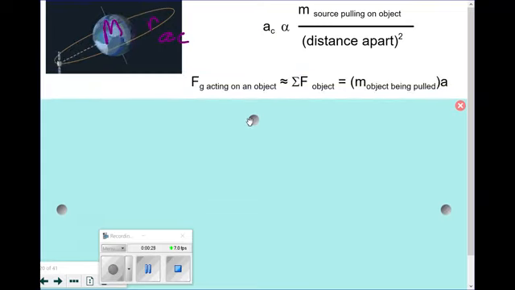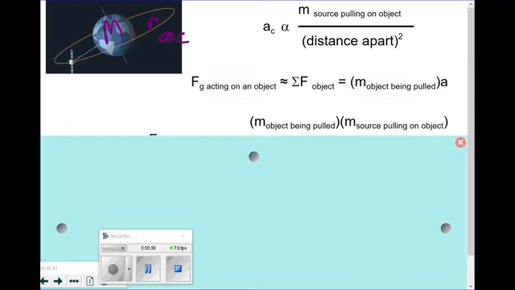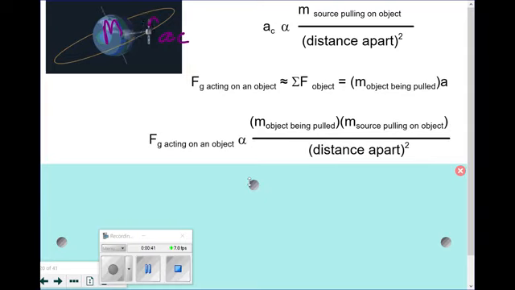And since net force is the mass of the object, the satellite, times its centripetal acceleration, the force of gravity on the satellite should be proportional to the product of the masses of both the satellite and the planet divided by their distance of separation squared.